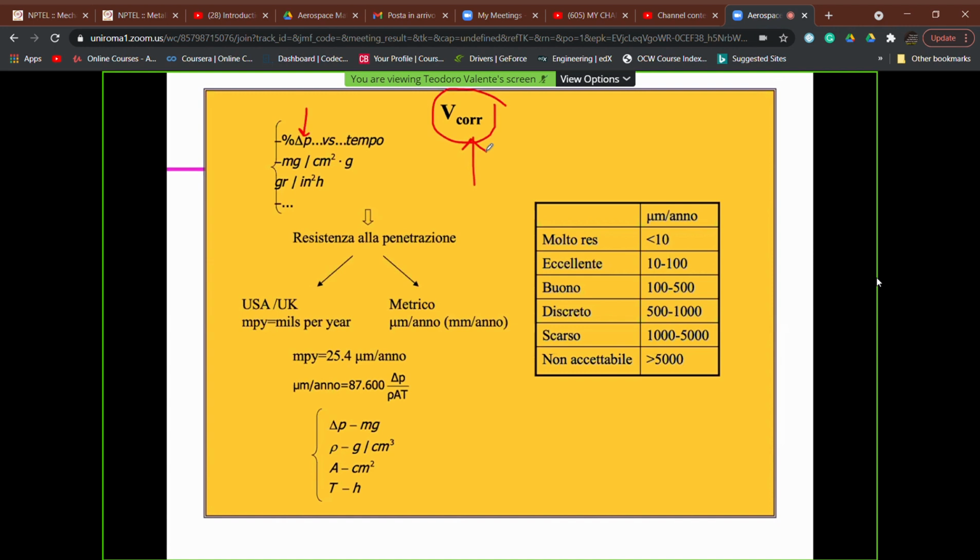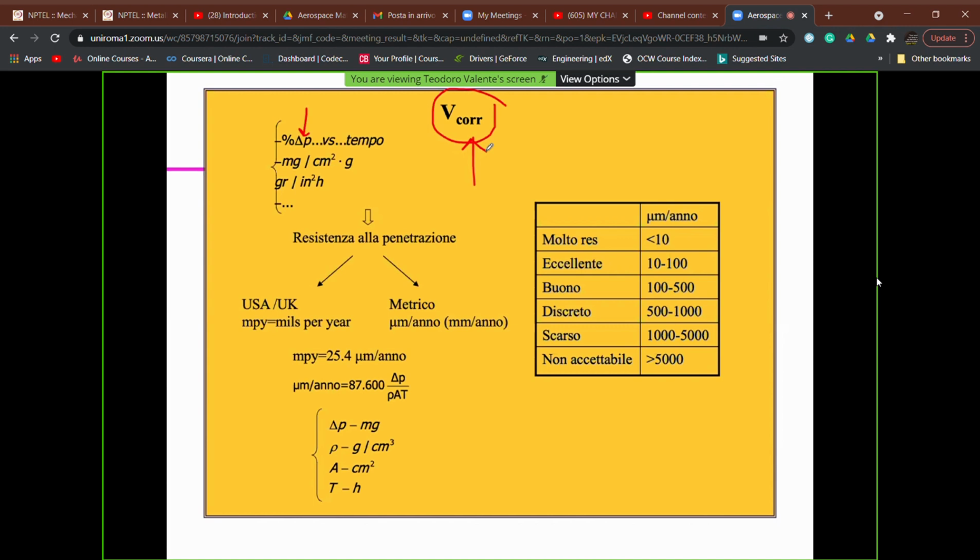And so the first thing that we have to keep in mind when we are going to express the corrosion rate, for example, on the basis of the weight variation of the material which is undergoing the corrosion phenomena, is that we need to refer this weight variation to the time. But this is still not enough, because let's say, for example, our system is losing 1 gram in 1 day.